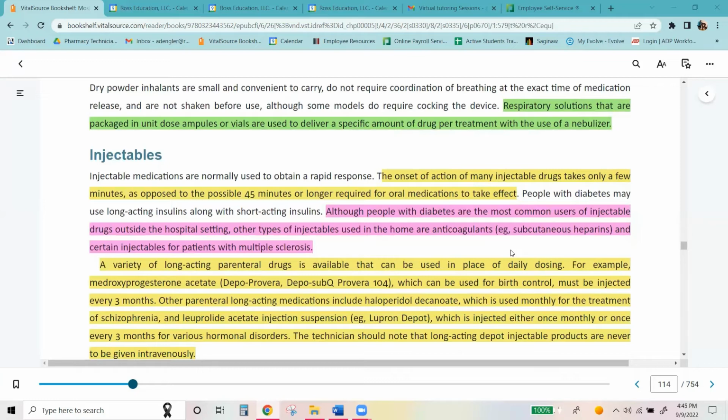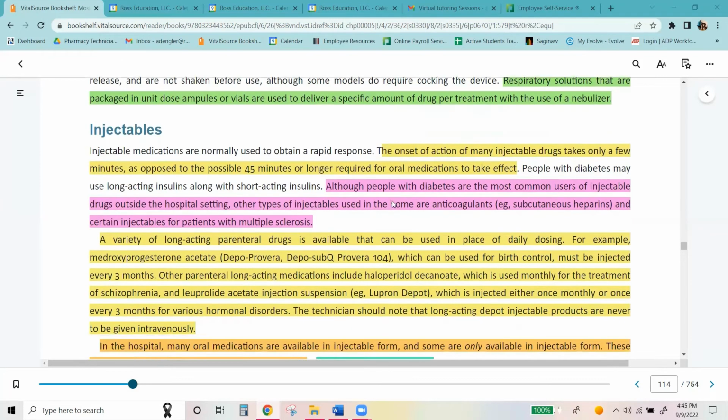And now there are actually so many. There are self-injections for migraines, for psoriasis, for rheumatoid arthritis, for eczema, for ulcerative colitis. There is a ton of self-injecting drugs.